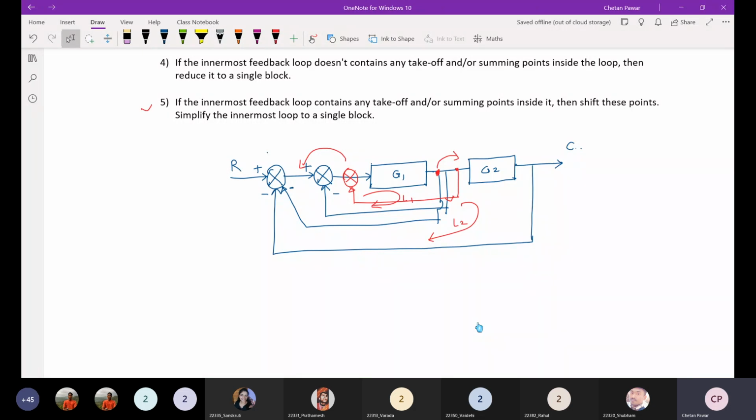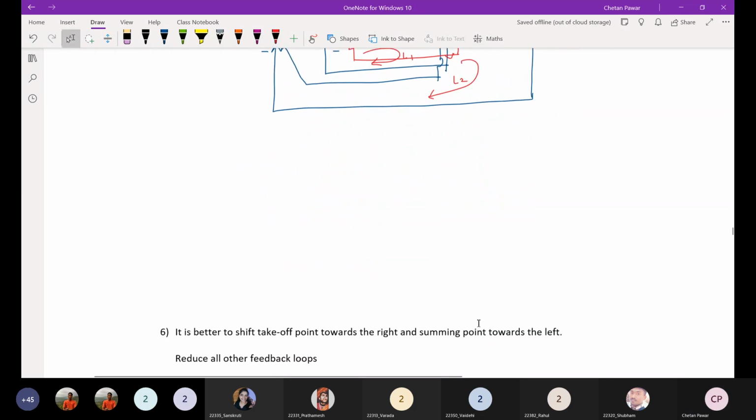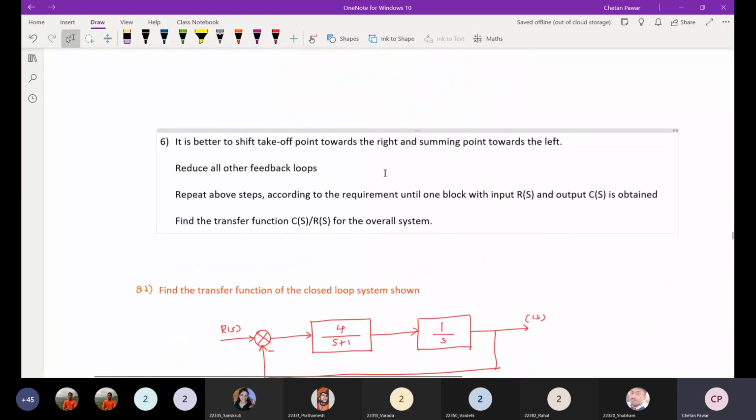So it is convenient to move this takeoff point to the right side, and move the summing point to this side, in such a way that it helps you reduce the block diagram. That is a general rule, the opposite of the propagation way, and it just helps you simplify the diagram. For the time being, just understand the rules. When we see the block diagrams clearly, those rules will become clear.